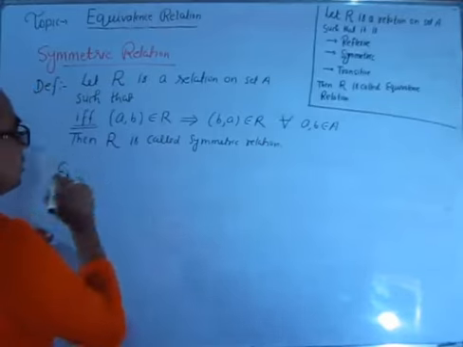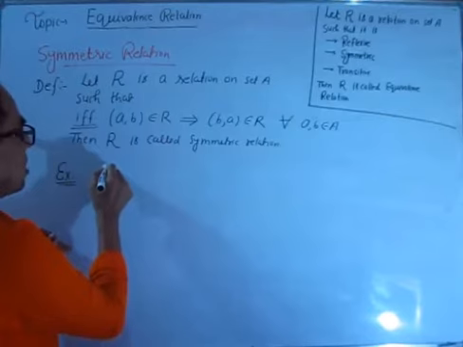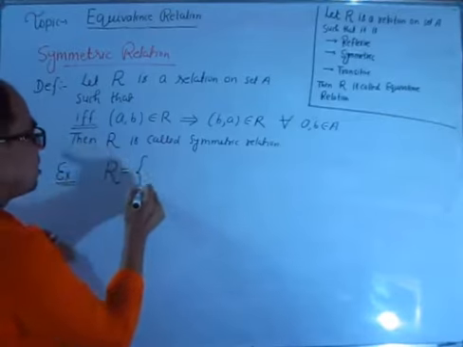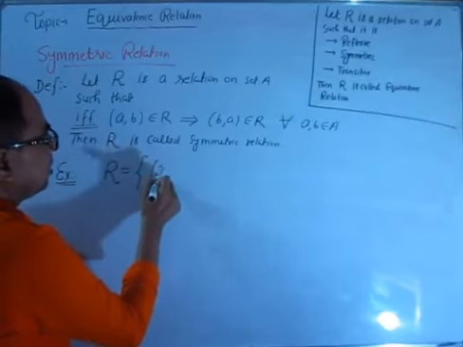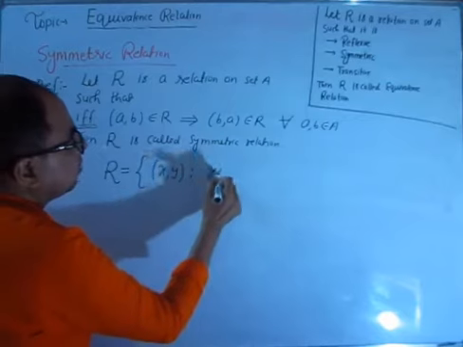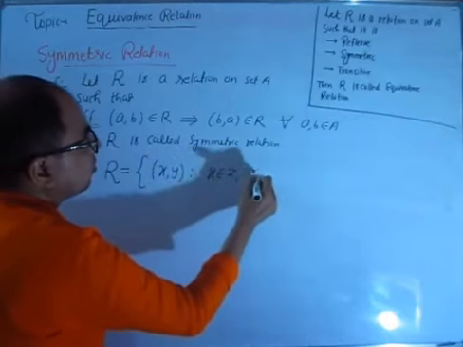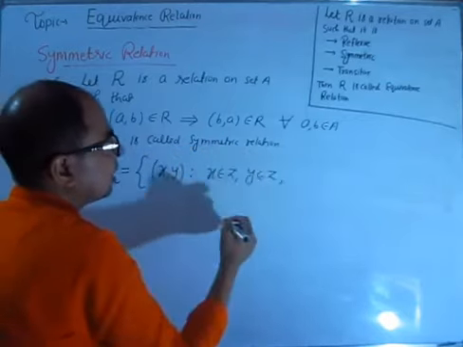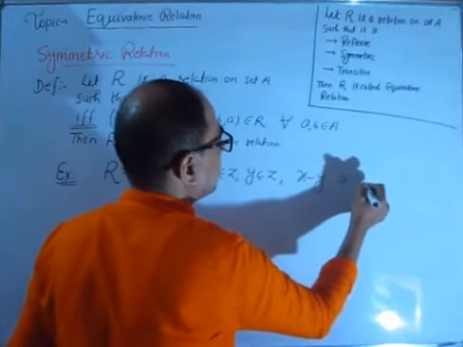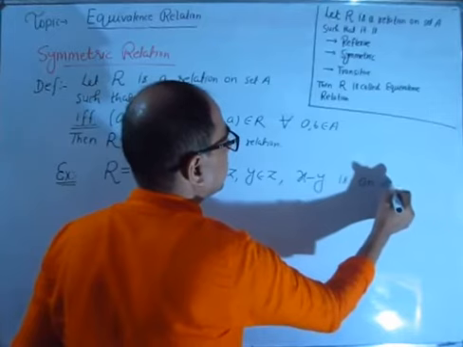Suppose a relation R is given: x is related to y such that x belongs to integers, y belongs to integers, and x minus y is an even integer.